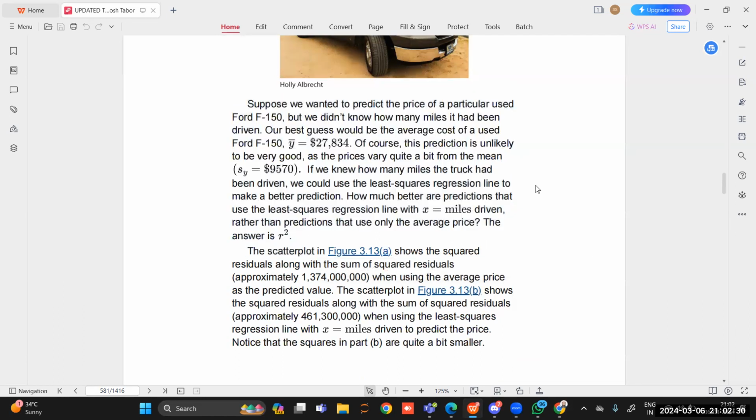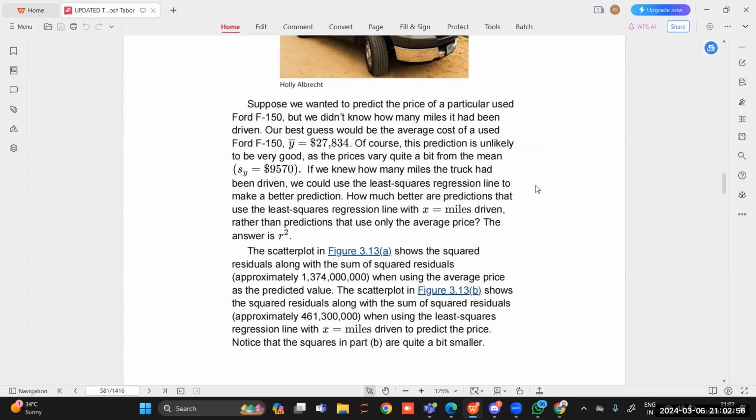See how he is explaining. Suppose we wanted to predict the price of a particular used Ford F-150, but we didn't know how many miles it had been driven. Our best guess would be the average cost of a used Ford. Yes or no? It would be the average cost of a Ford if we don't know how many kilometers it has been driven. Of course, this prediction is unlikely to be very good, as prices vary quite a bit from the mean.